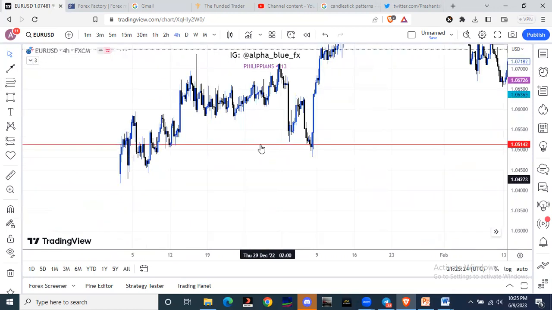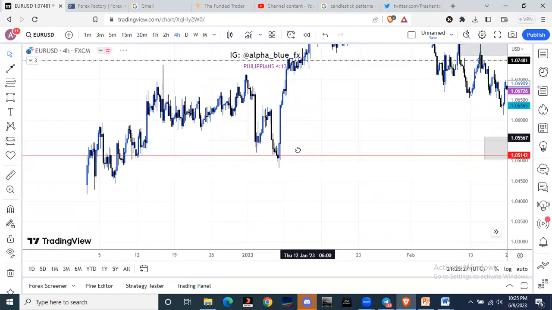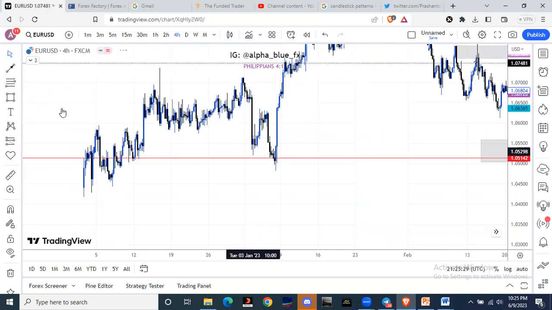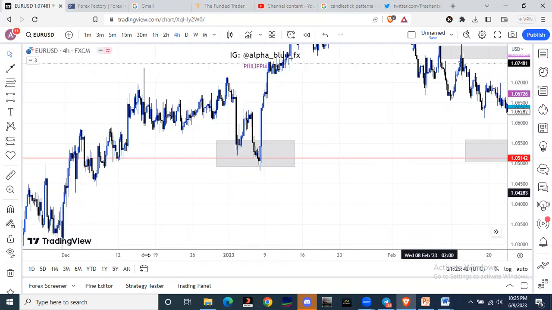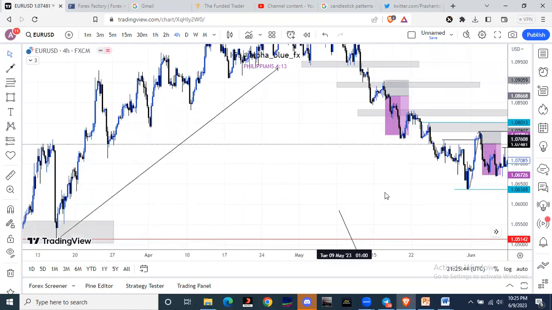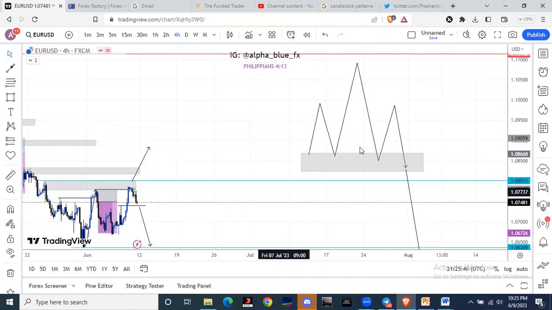Like now, look at this example here. You can still call this a double bottom because it doesn't always happen very neatly. The chart is always erratic. It's not 100% clean. I used to draw it very cleanly, but when it happens in real life on the chart, it doesn't happen as clean as this.